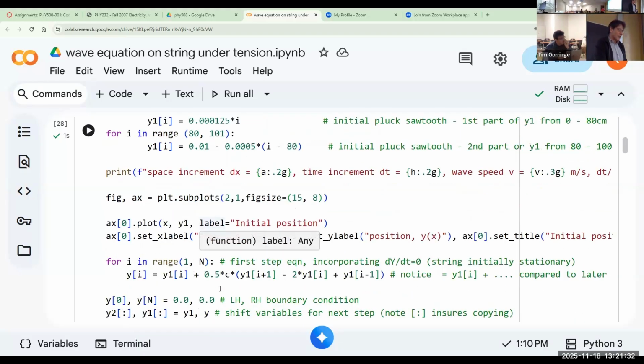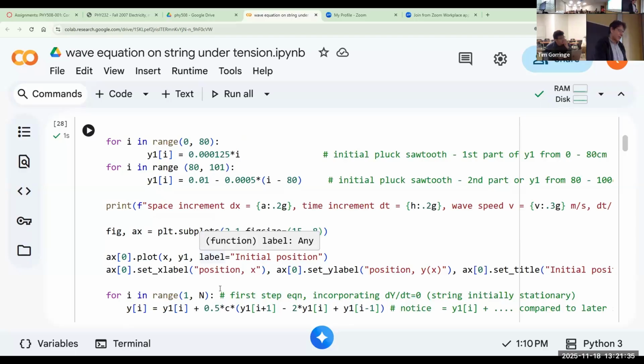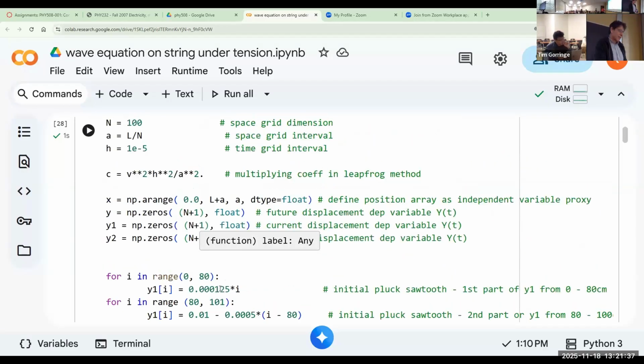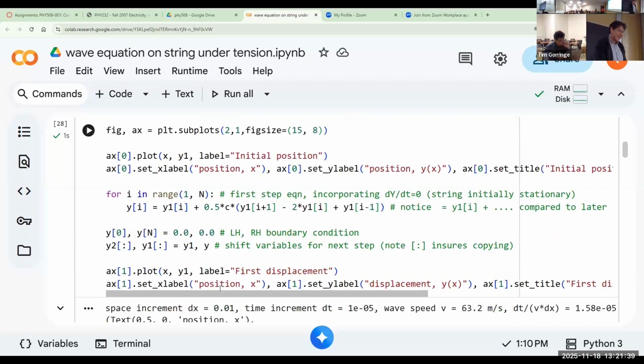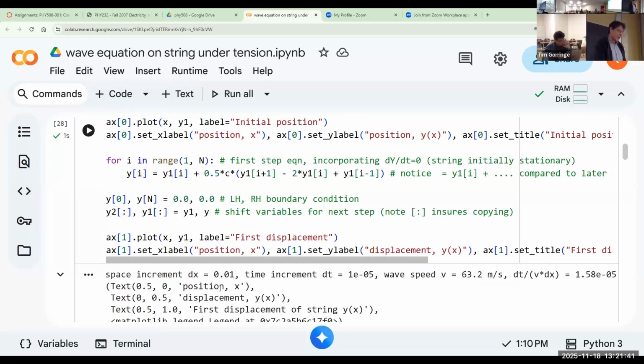This is me just copying. Sorry, I'm having trouble getting back to this location. Copying forward the arrays and also copying forward the boundary conditions, enforcing the boundary conditions here. I learned the hard way, you have to be a little bit careful about assigning things.